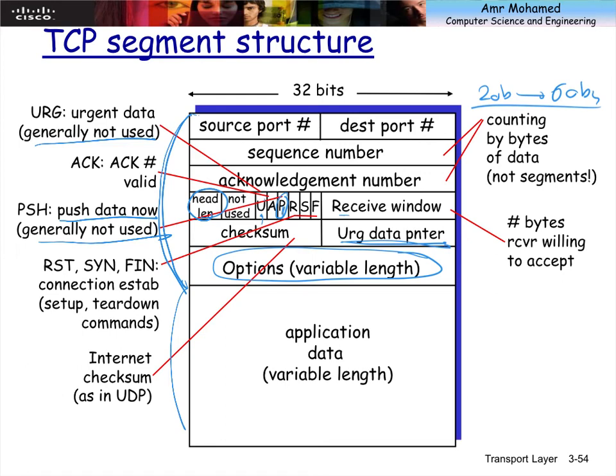So what are they used for? This urgent flag indicates that part of this segment is urgent. Urgent means you have to deal with it. Supposedly, when I mark a part of the segment as urgent, the network should deliver this segment very fast even if it's out of order and so on.